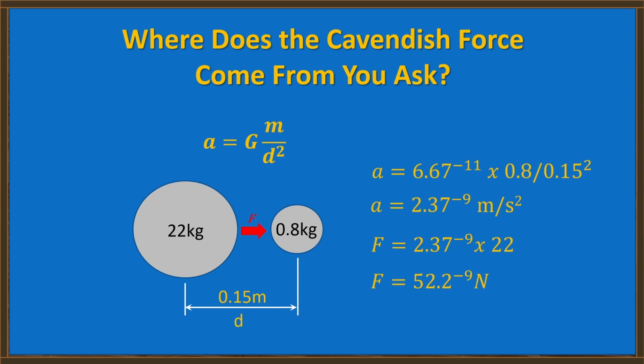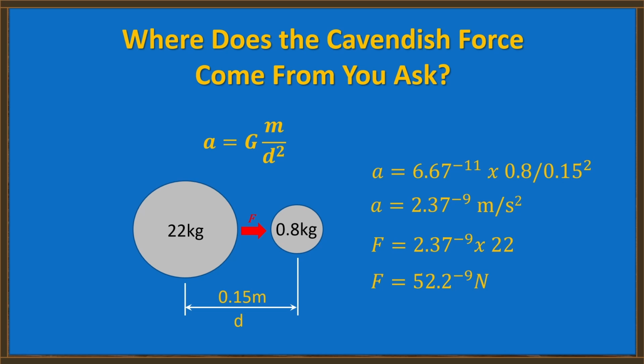Now let's take the 0.8 kilogram mass and do the same thing. Plug those numbers in, you get an acceleration of 2.37 times 10 to the minus 9th meters per second squared. That results in a force of 52.2 times 10 to the minus 9th newtons. Exactly what we had before. And guess what? This now satisfies Newton's third law of motion. For every action, there's an equal and opposite reaction.